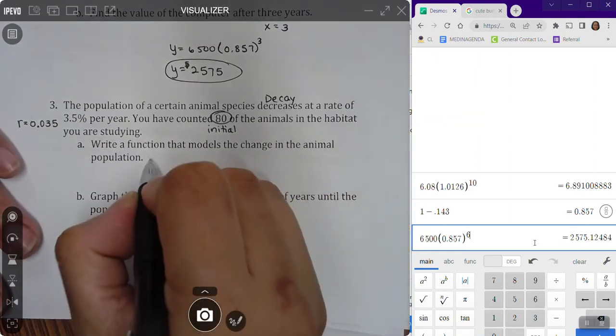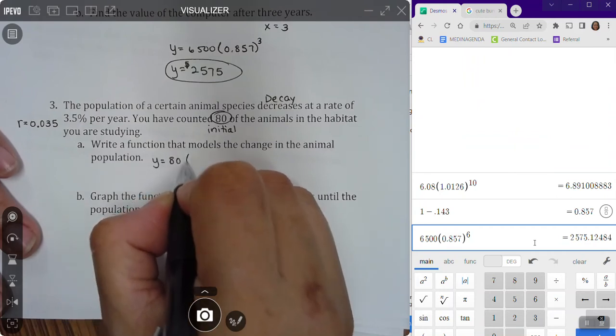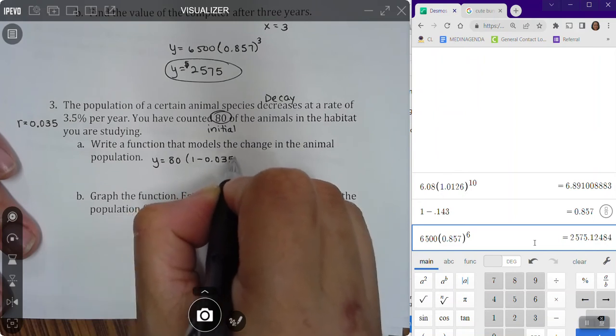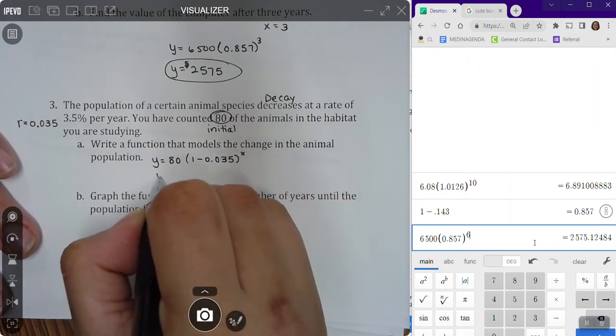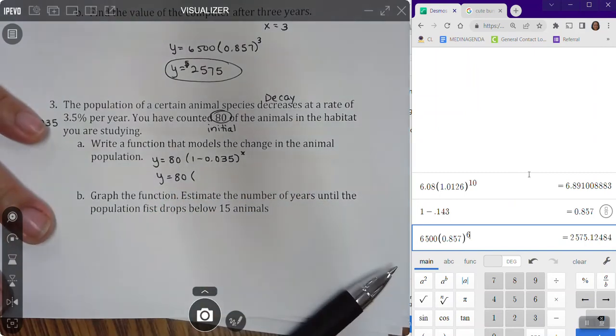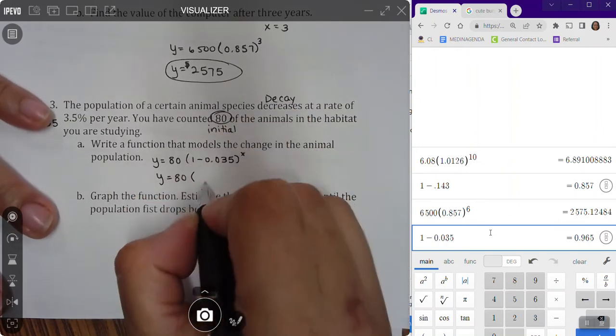Remember we said it was decay. So y equals the initial value, 80, times 1 minus 0.035 raised to the x. All right, and if I simplify this, 1 minus the rate, 1 minus 0.035, I get 0.965.